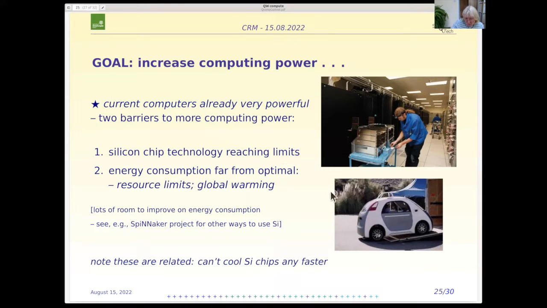It's still developing, but it's not making faster computers. And the other limit is energy consumption is very far from optimal. And we are reaching resource limits in terms of how much energy we can make electricity for computing. There are projects to do lower powered silicon, for example.